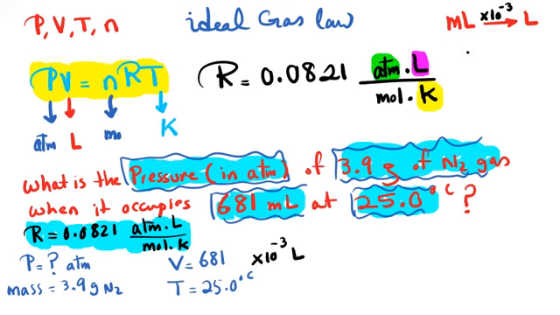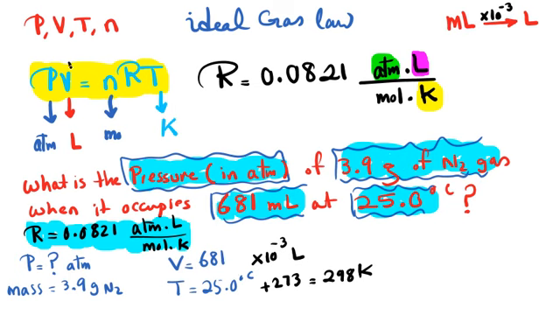Whenever you have ml, multiply by 10 to negative 3, so you don't need to worry about the significant figures. And whenever we have temperature, I'm going to add 273, so I get 298 K. Right now I have volume, temperature, and R.